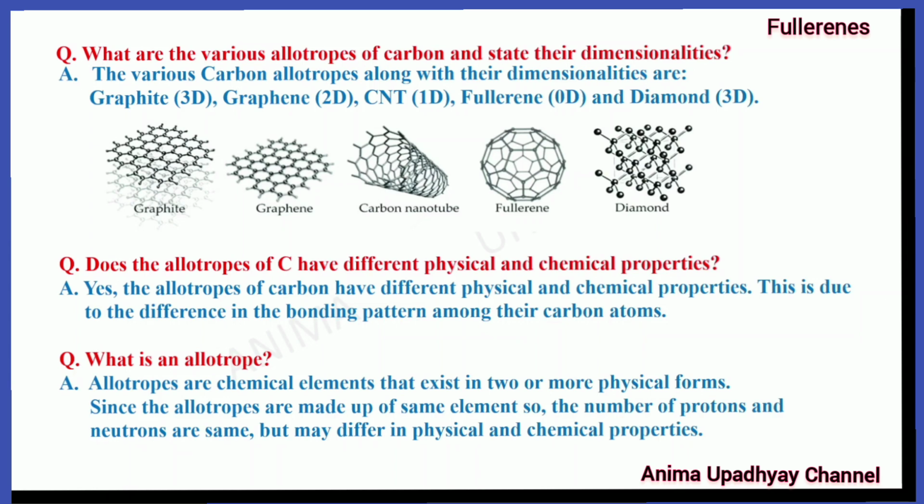What is an allotrope? Define. Allotropes are chemical elements that exist in two or more physical forms. Since the allotropes are made up of the same element, the number of protons and neutrons are the same, but they may differ in their physical and chemical properties.